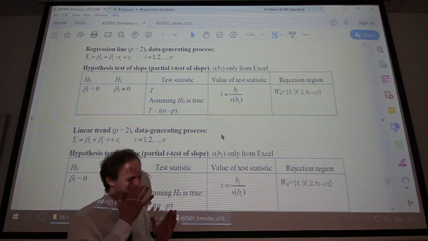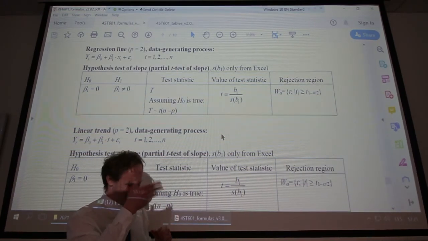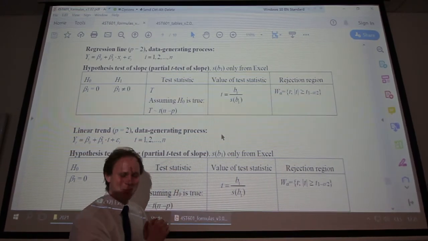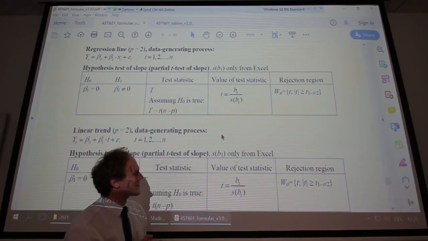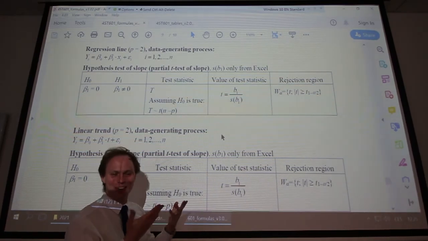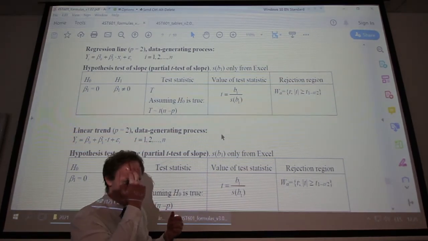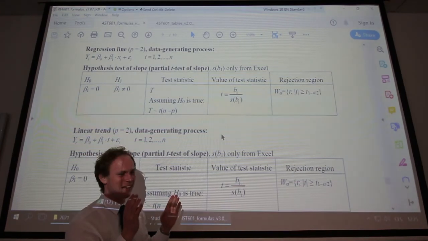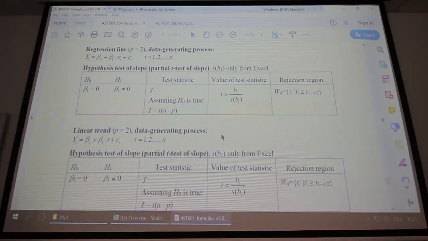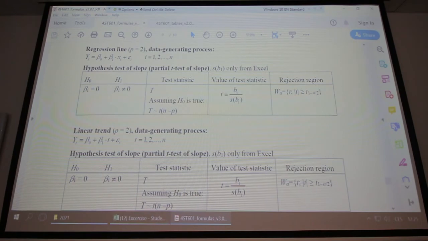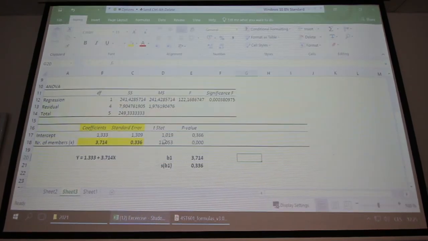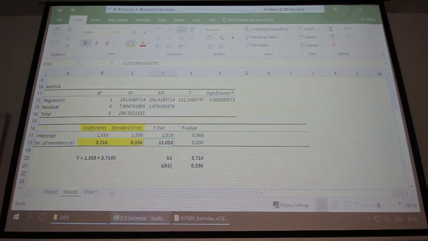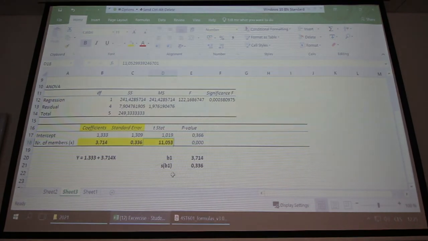Maybe you already saw in the previous table the value of the statistic T. It's calculated here, and its value was 11 point something. Am I right? Check this table. Yes, it's here: 11.053.